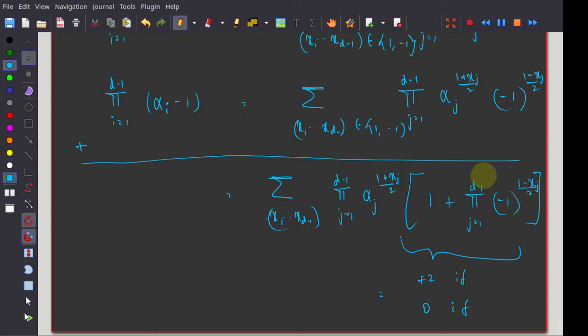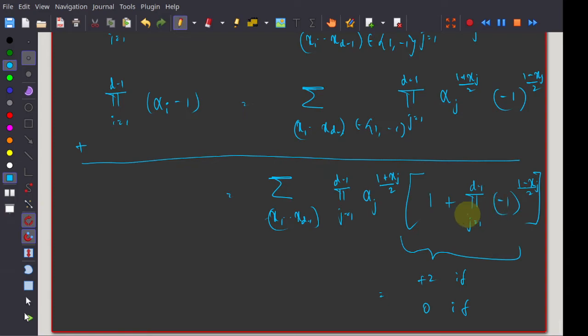How many of these terms can be minus 1? Even number, odd number? So if an odd number of these are equal to minus 1, it will be minus 1. If this whole quantity is minus 1, what is the sum equal to?